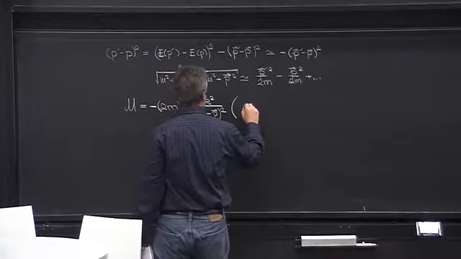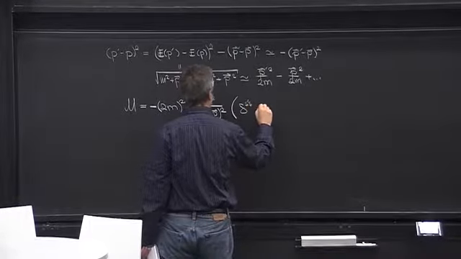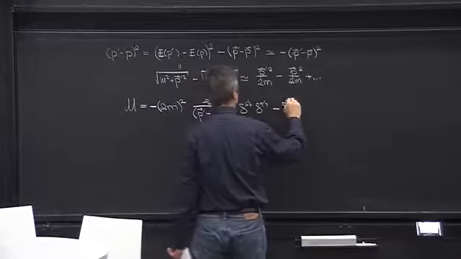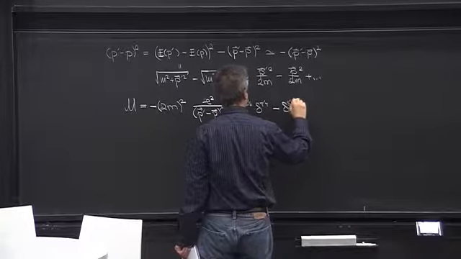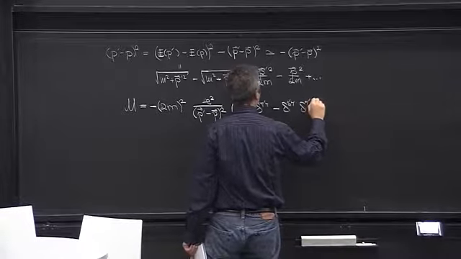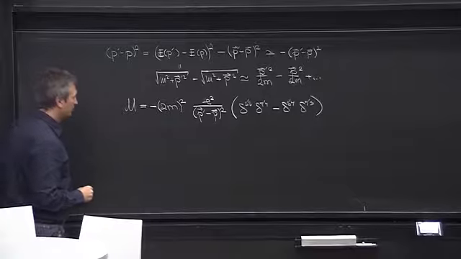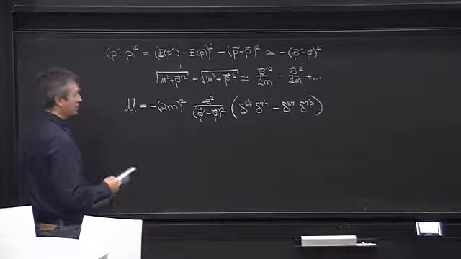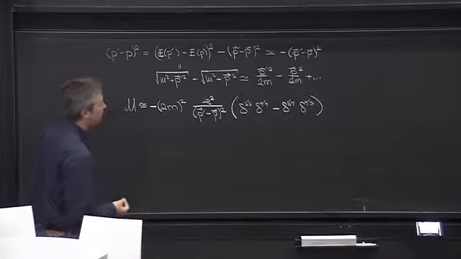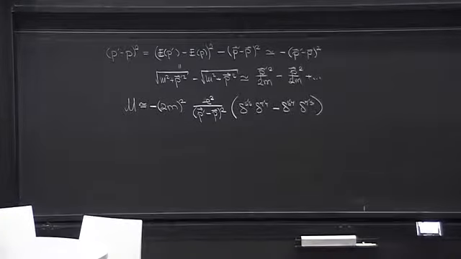And finally, we will have some delta functions: delta s' s, delta r' r, minus delta s' r, delta r' s. So this is the final answer. This is approximate. We've thrown away some terms that are suppressed in the non-relativistic limit.